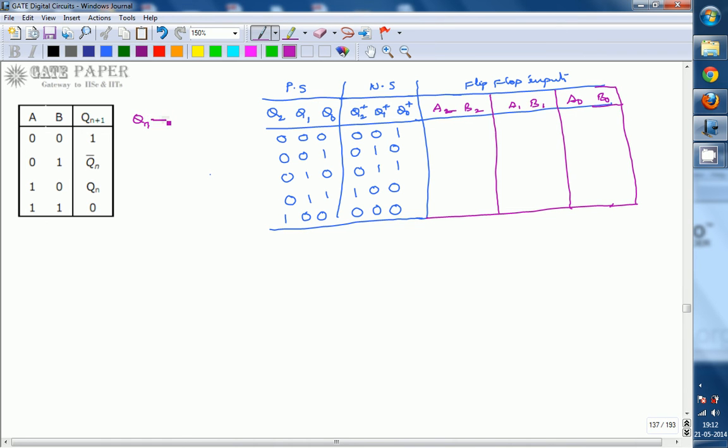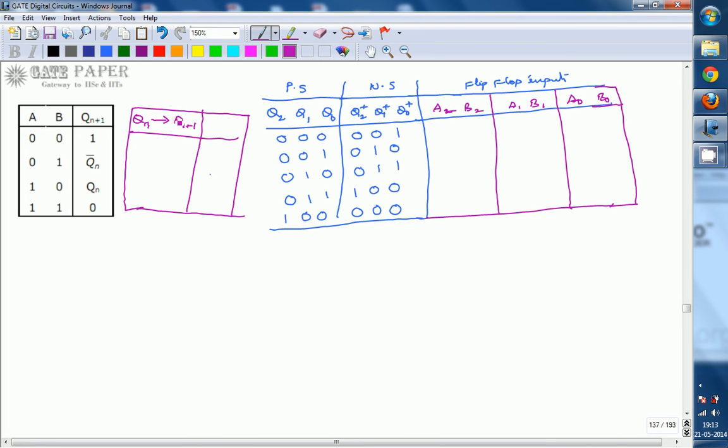So the excitation table of the AB flip-flop looks like this. Qn is the known present state and we want to go to Qn plus 1. If it is the desired transition, what should be the values of A and B? This is the excitation table.